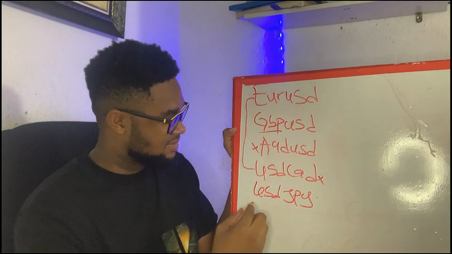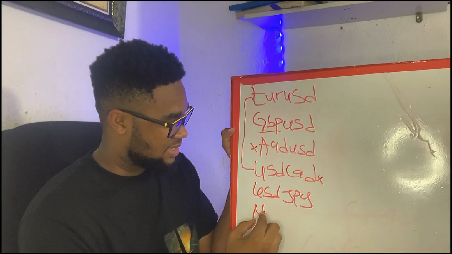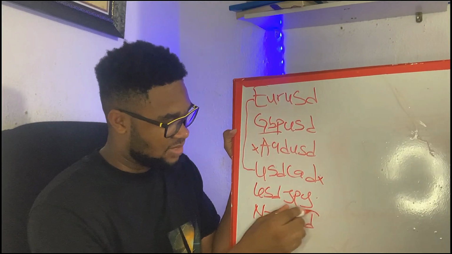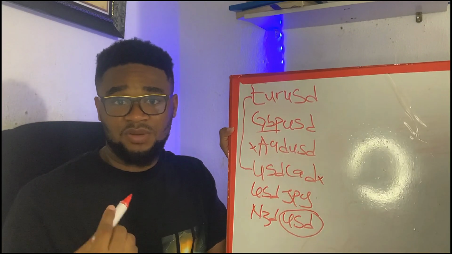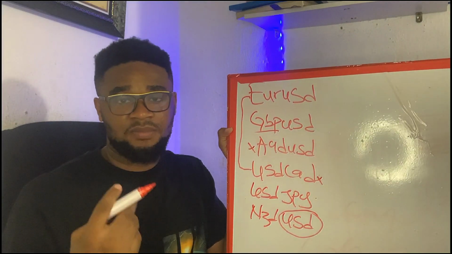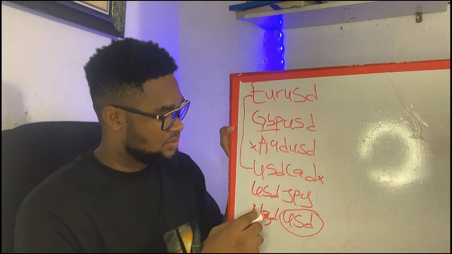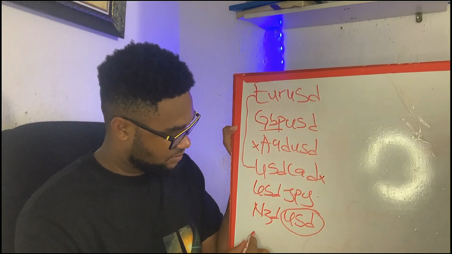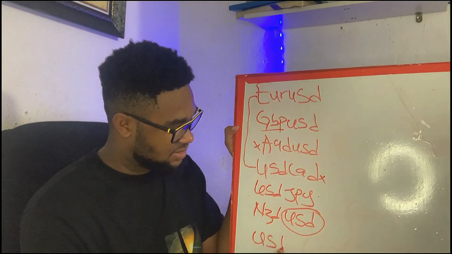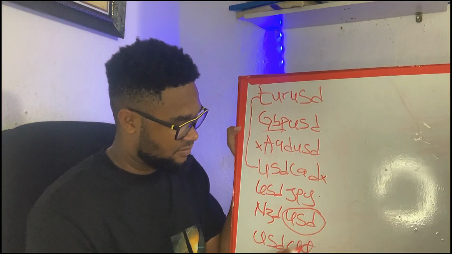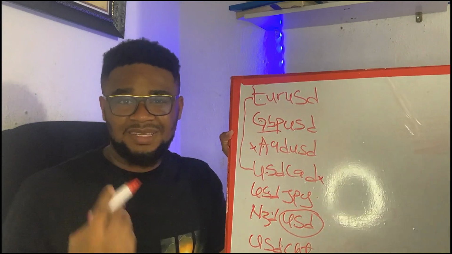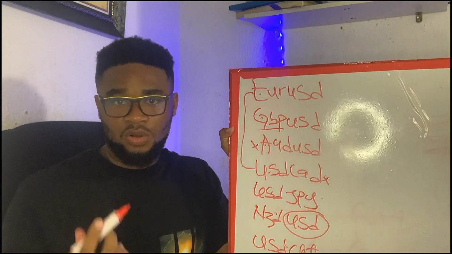We have the NZD/USD, New Zealand dollar and the United States dollar. Any currency paired with the United States dollar is referred to as a major currency. So this is the New Zealand dollar, and we have USD/CHF. That's 7: 1, 2, 3, 4, 5, 6, 7. These are the 7 major currencies.